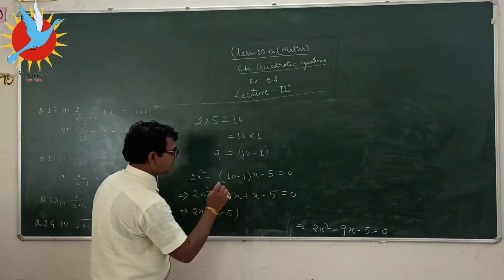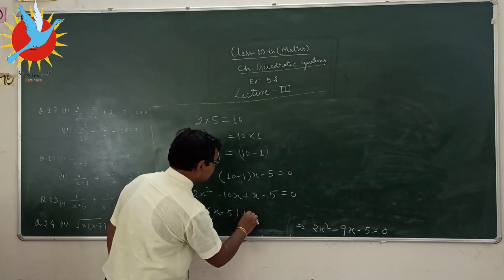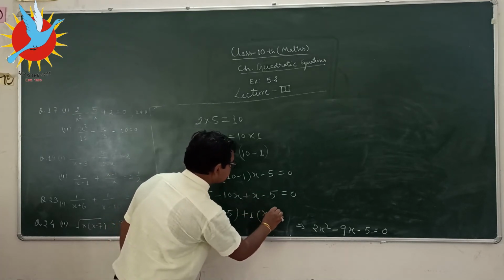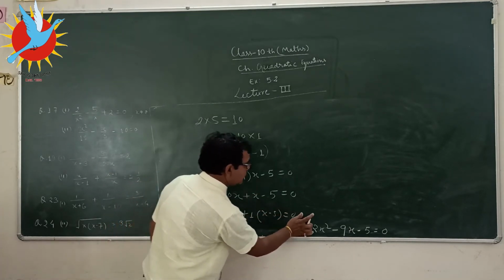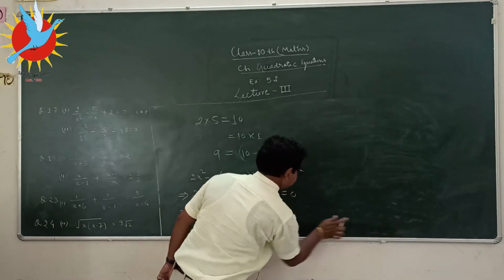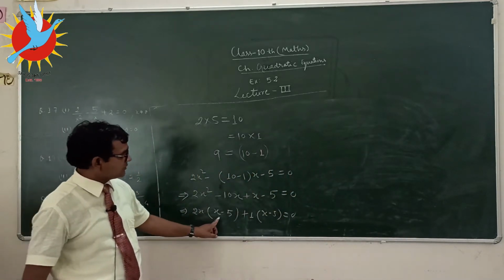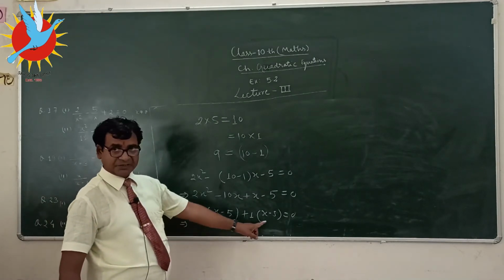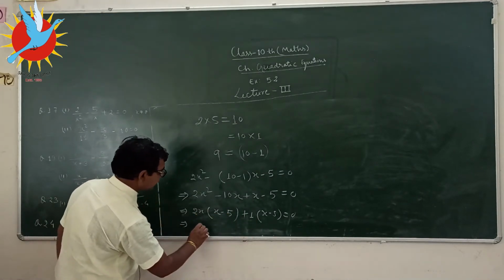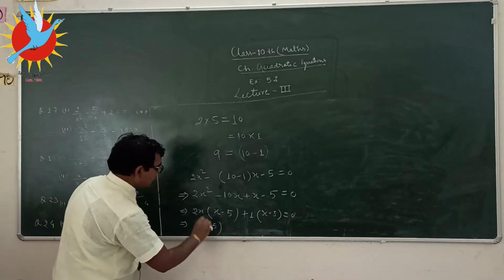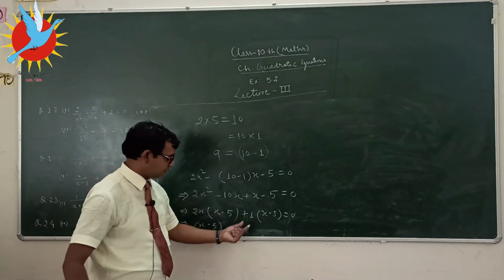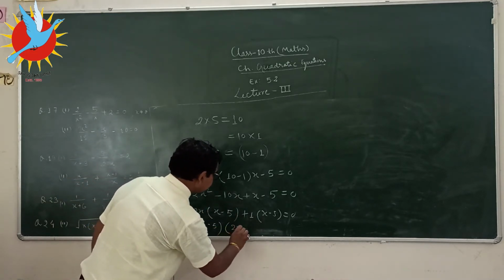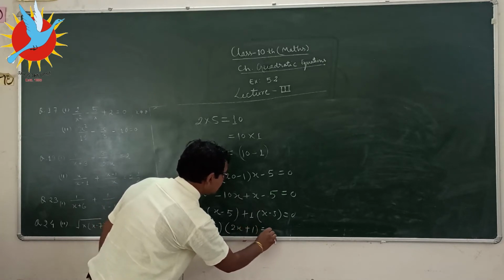Here there is no common other than 1, so 1 would be common, and we have x minus 5 equal to 0. Now x minus 5 and x minus 5 would be common. Take this common, and we are left here with 2x plus 1, so the second factor would be 2x plus 1 equal to 0.